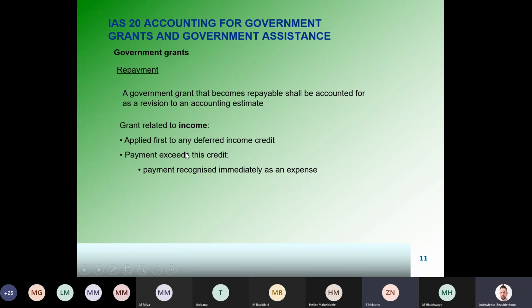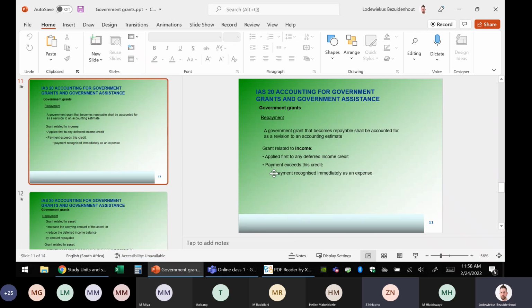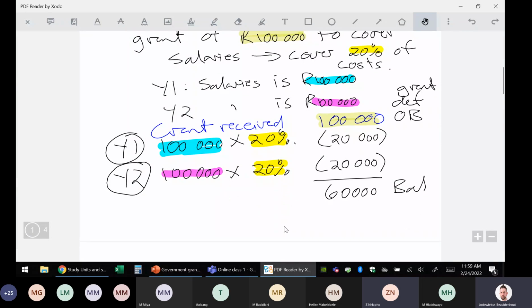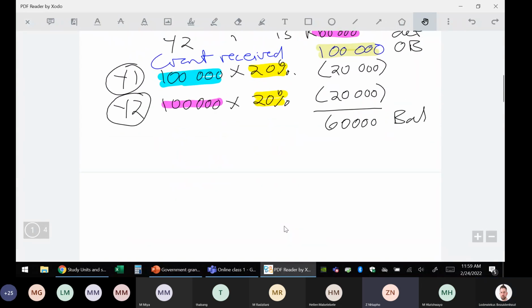And if the payment exceeds that credit, then the rest will be shown as an expense. So if we look at what we have, we will say our repayment is 100,000 because we have to repay the grant.